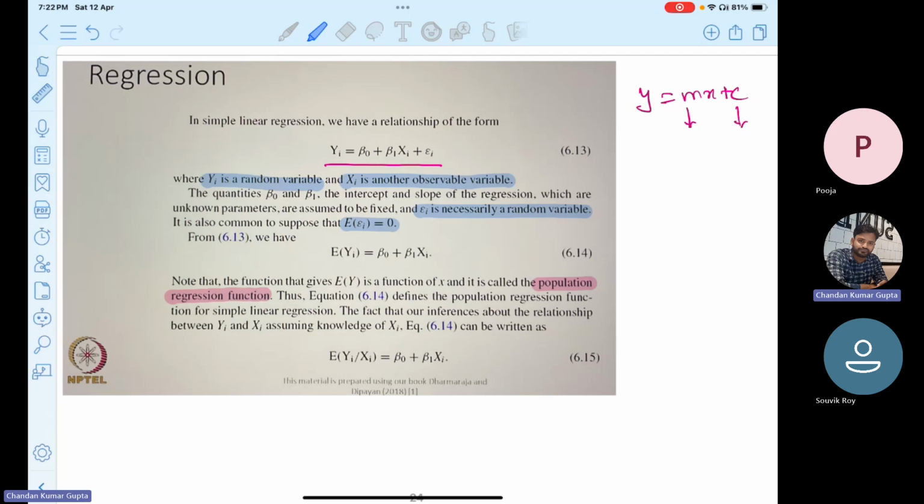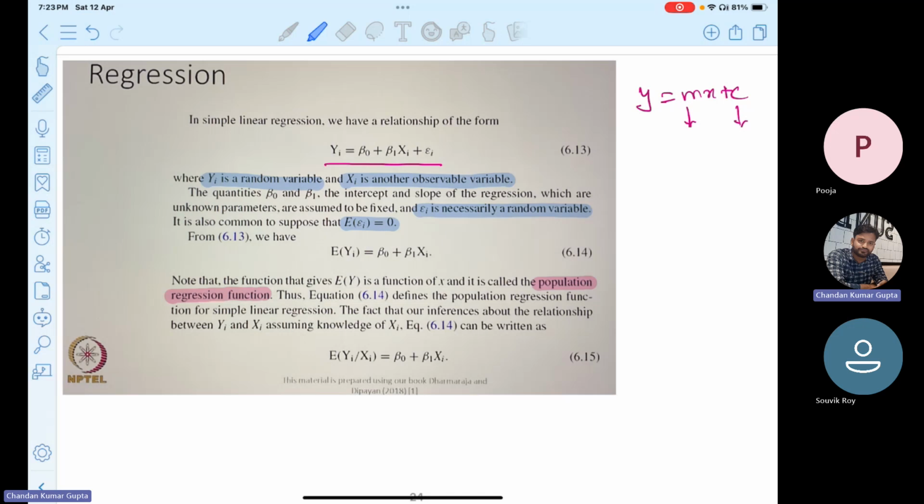And expectation of epsilon is zero, as we have already assumed. Note that the function that gives the expectation of y as a function of x is called the population regression function.